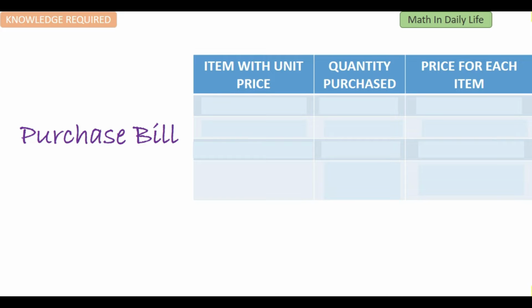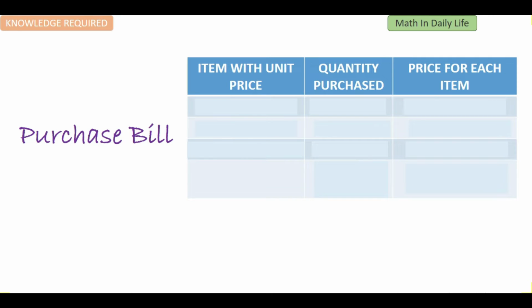You have an example here where a bill mainly consists of three parts: the item with the unit price, the quantity purchased by the customer, and the price for each item that you have to pay.